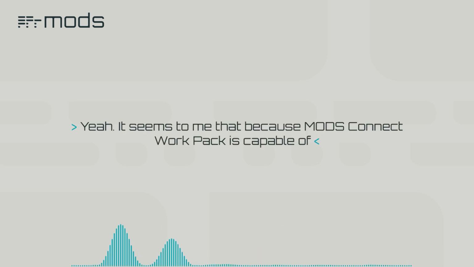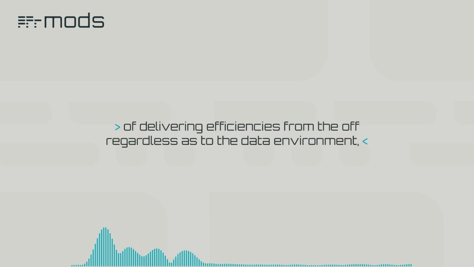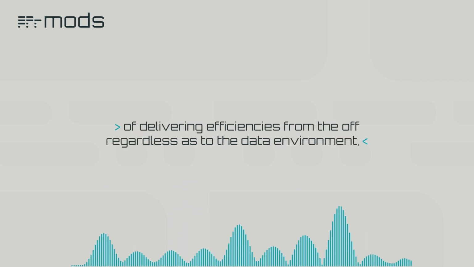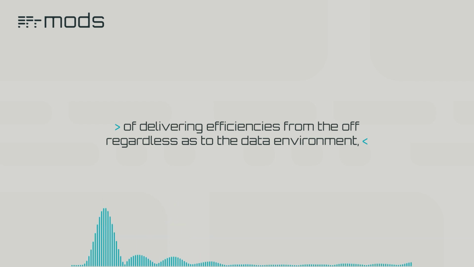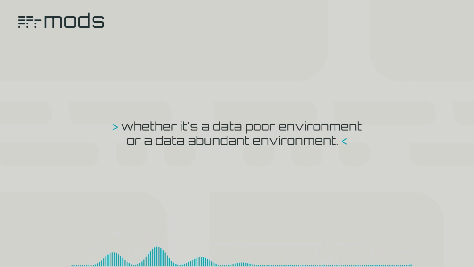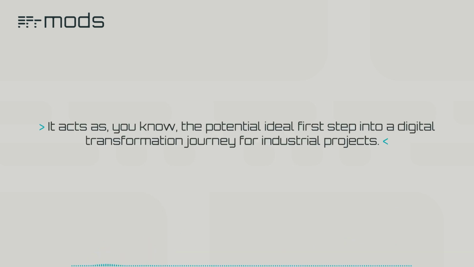It seems to me that because Mods Connect Workpack is capable of delivering efficiencies from the off, regardless of the data environment, whether it's a data-poor environment or a data-abundant environment, it acts as the potential ideal first step into a digital transformation journey for industrial projects.